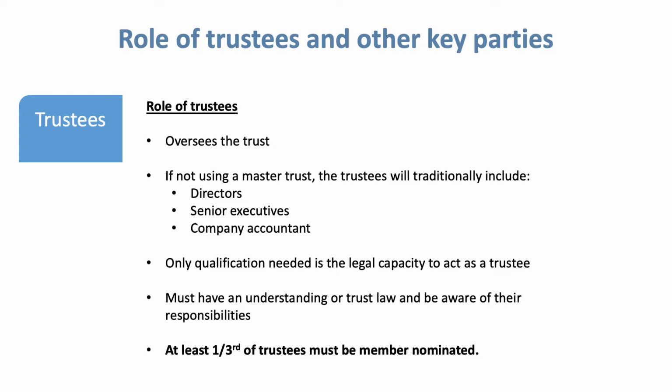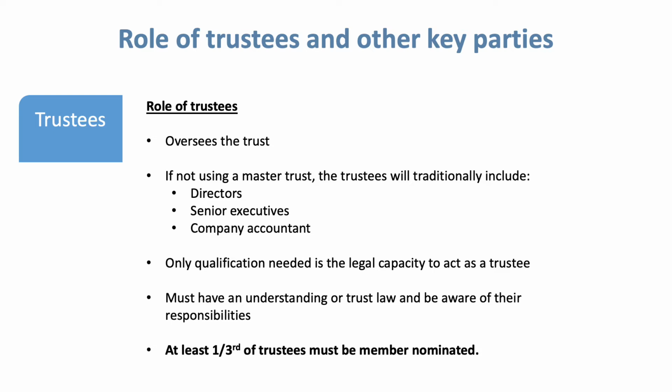The only qualification needed to be a trustee is that you have to have the legal capacity to act as a trustee, which is broadly of majority age, 18 plus, without any financial problems registered against your name, and also of being of sound mind. But largely that's the only legal qualification that you need. However, that doesn't mean that you don't need to understand your responsibilities.